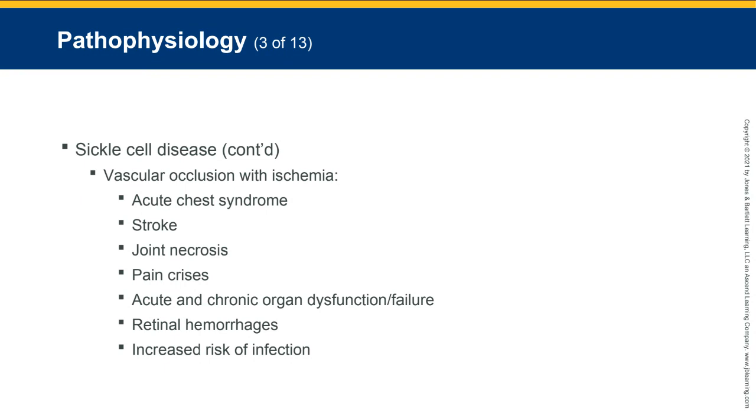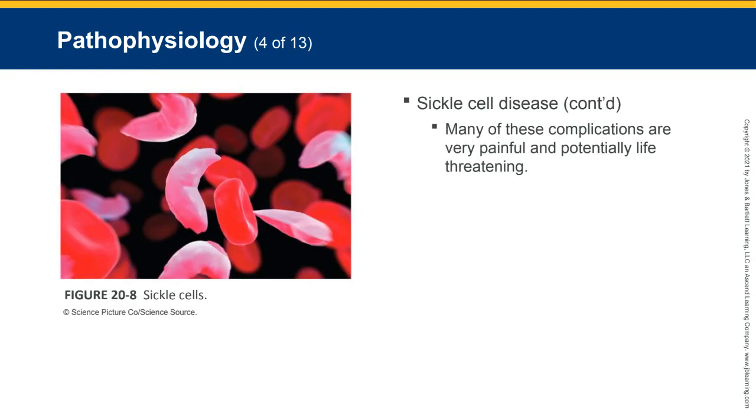Necrosis means rotten, because the blood vessels in the joints are so small. Pain crisis, acute and chronic organ dysfunction and failure, retinal hemorrhages, and they're at a high risk for infection. Many of these complications are very painful and potentially life-threatening.